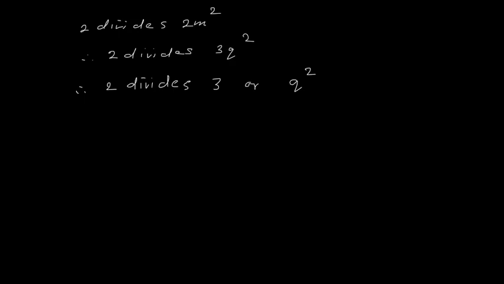Now in the beginning of the lecture I discussed one more theorem, that if a prime number divides a into b, then either that prime number will divide a or that prime number will divide b. So here 2 divides 3q square, so 2 divides 3 or 2 divides q square. But 2 does not divide 3.